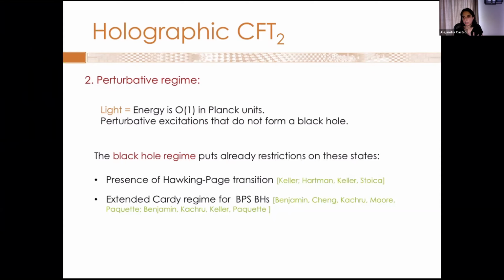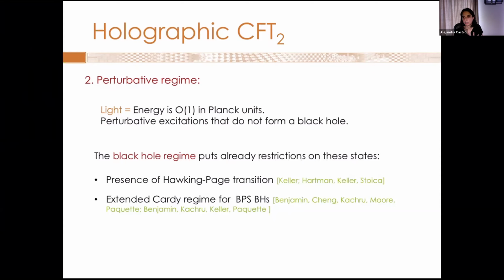Let's first discuss what happens if, for instance, the string scale is very close to the AdS scale. So these 2 things are basically the same. This is what I would be calling, in the jargon I'm going to be using later, a weakly coupled regime.